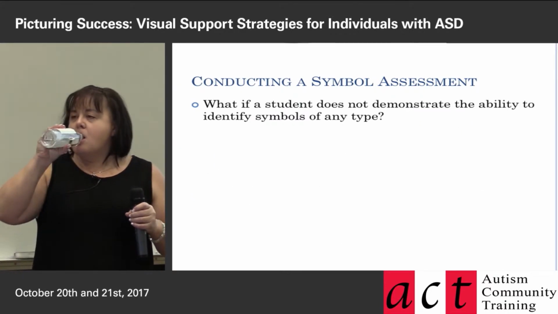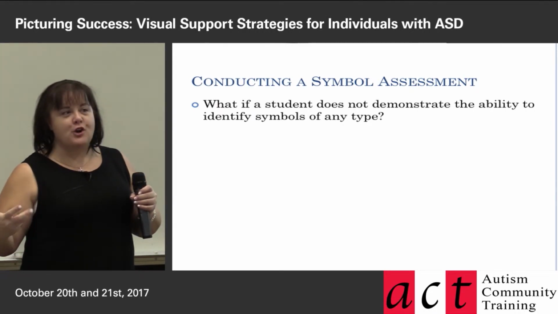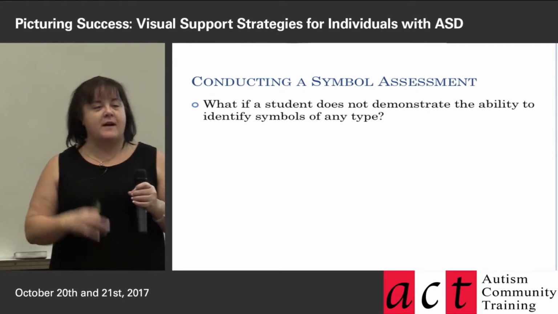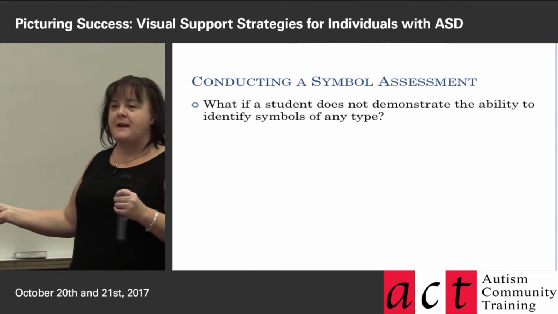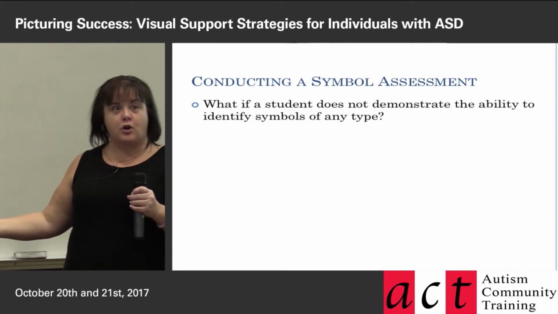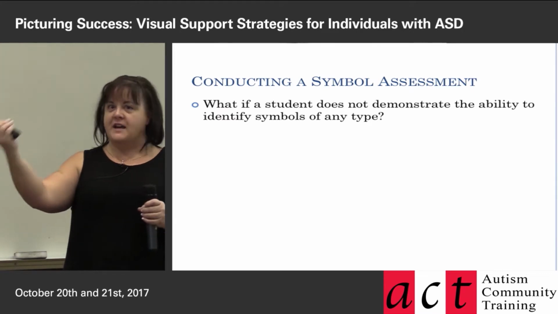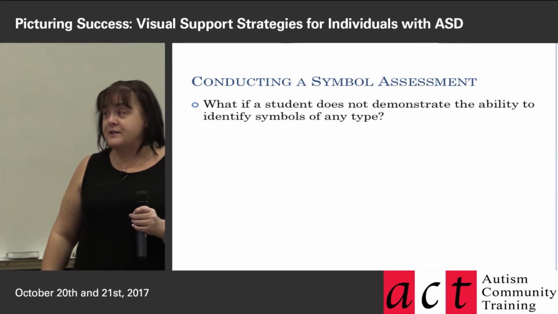So what happens, and this has happened to me, is you do a symbol assessment and the person doesn't demonstrate the ability to identify symbols of any type, not even objects. They can't match a three-dimensional object to an identical three-dimensional object. I have two balls, I give him one ball, and he cannot match it to the same ball. I've worked with those individuals.